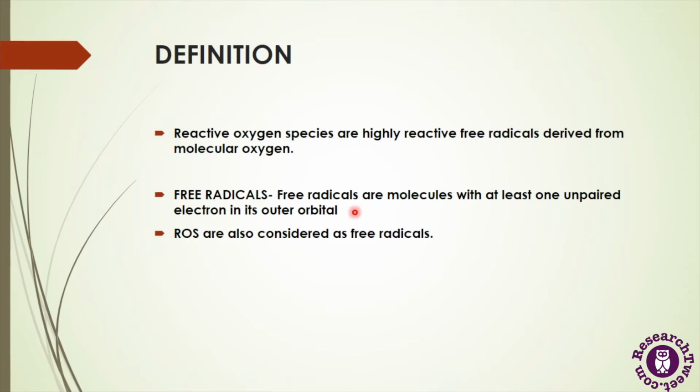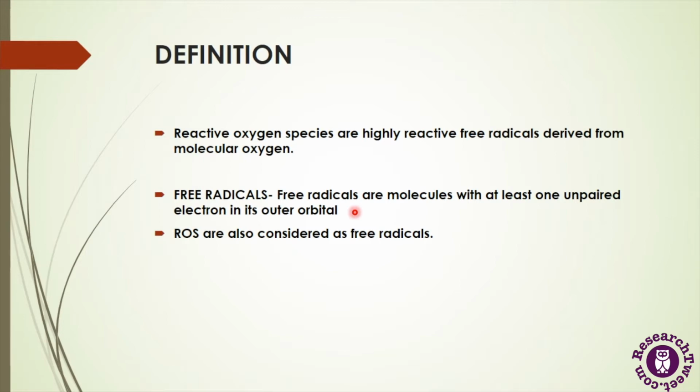Free radicals are molecules which have at least one unpaired electron in their outer orbital. As we know, all atoms consist of electrons, protons and neutrons, and they have orbitals which hold electrons, and all atoms want to complete their octet so that they become stable.